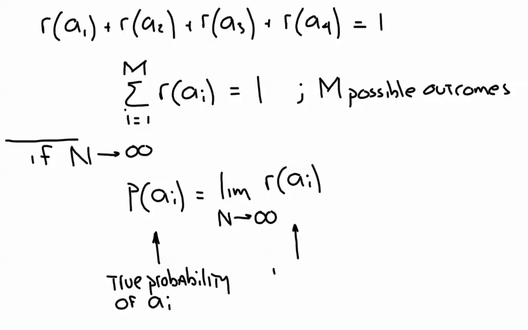This is the relative frequency on the right-hand side. So if I perform my chance experiment an increasingly large number of times, and my chance experiment is statistically regular, then the limit of my relative frequency as n approaches infinity will approach a fixed number, and that fixed number is the true probability of outcome A sub i.